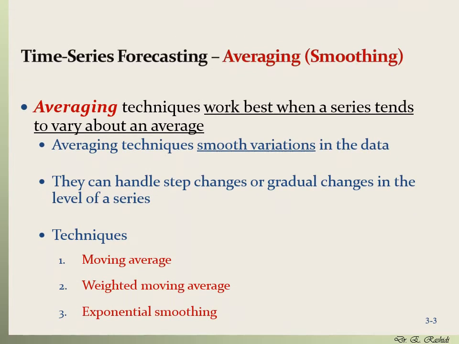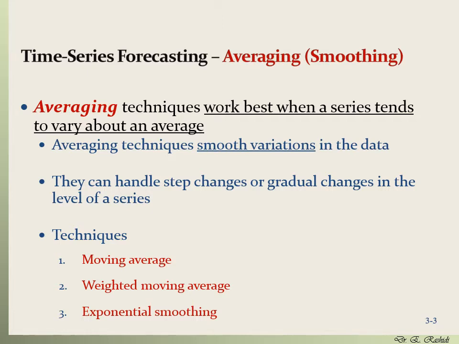The next type of forecasting methods are called the averaging methods, or sometimes they're called the smoothing methods. Averaging or smoothing techniques work best when used for time series that tend to vary around an average. We're going to learn what exactly this means.